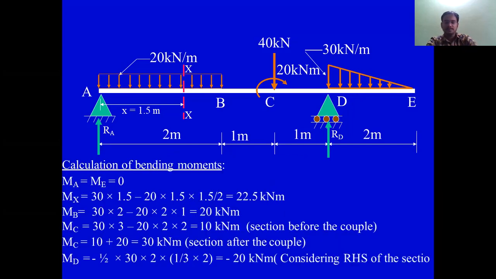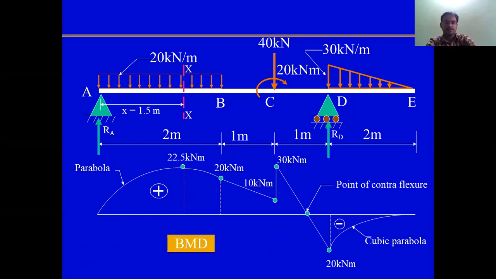Now we got the bending moment values. Then you substitute, just draw the graph here. Draw the line first, indicating that beam. Then locate the points. This is the maximum point, and this is the bending moment value at B, and this is the bending moment value just before C and after C. It means it is coming to a lower value, it is decreasing, but due to the external moment, because of the couple effect, we get 30 extra.